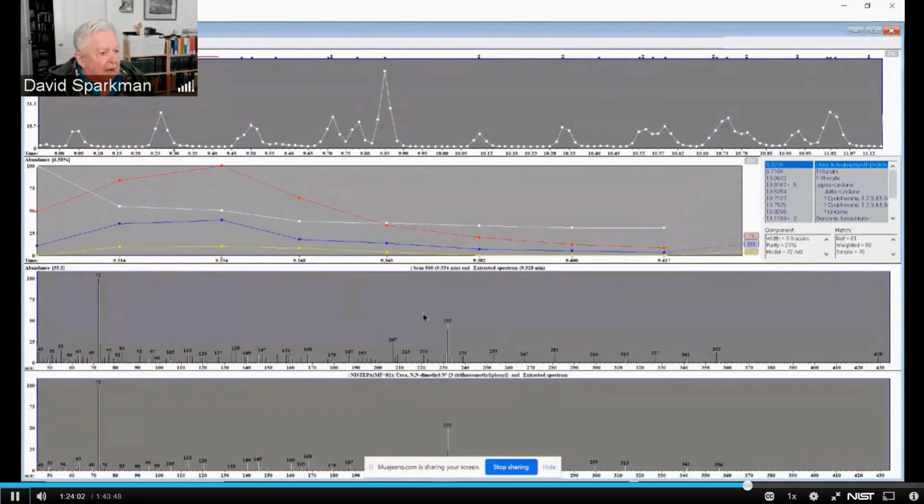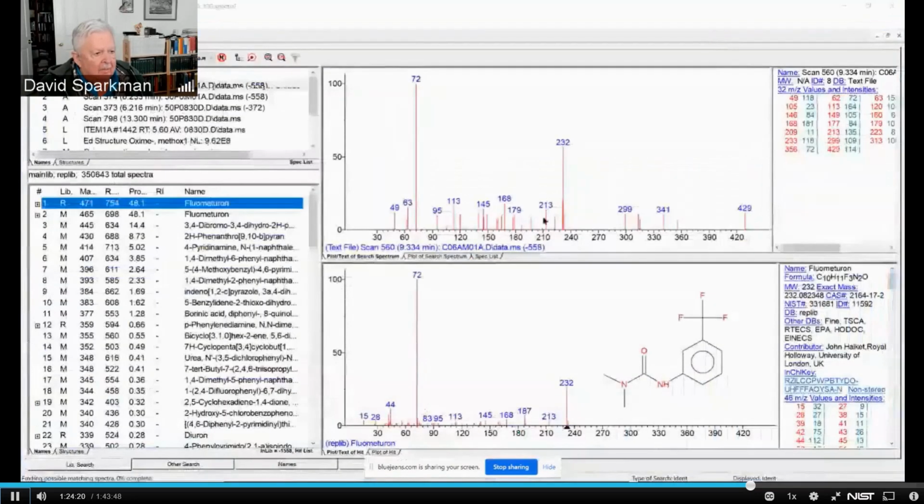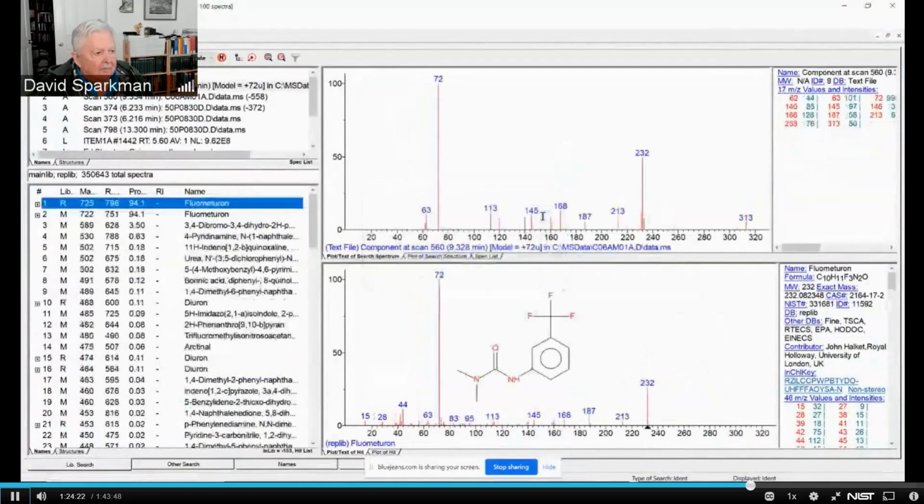Okay, so now I found that spectrum again, but AMDIS has cleaned it up, and I am going to send it to the NIST Search program and let it be searched there. And look at the improvement in the match factor and look at the probability now that I have identified.